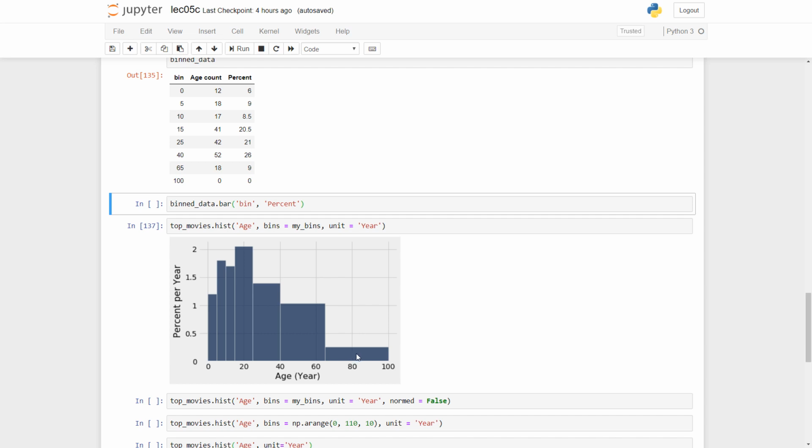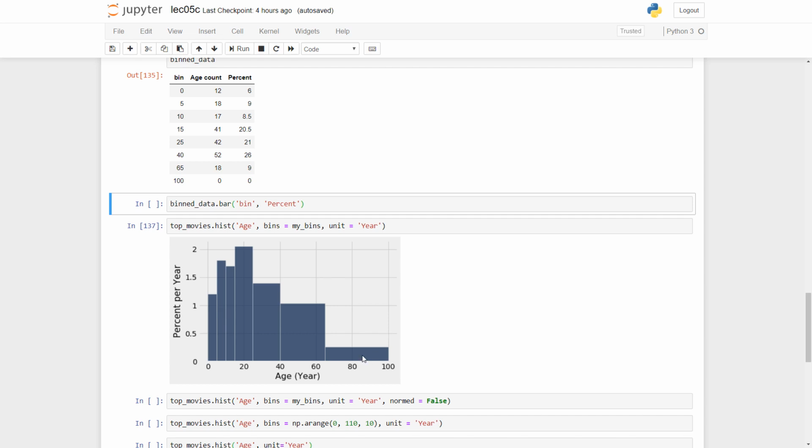If we have 9% of the 200 movies here, and also 9% of the 200 movies there, why is this one very tall and that one very short? Because the density, the crowdedness, for this one is very high, because we divide 9 by 5.